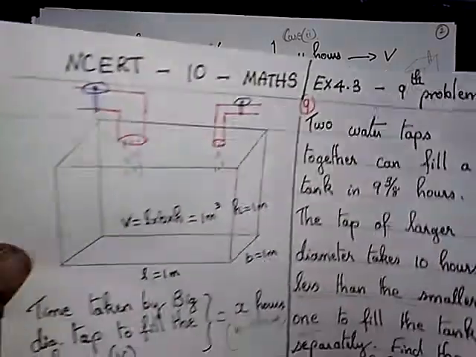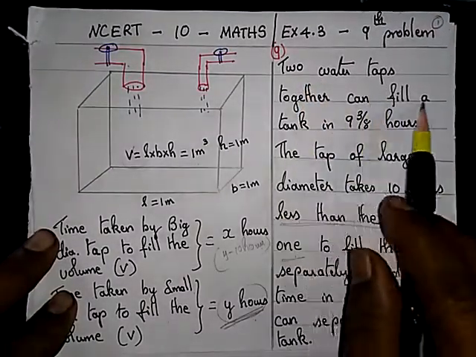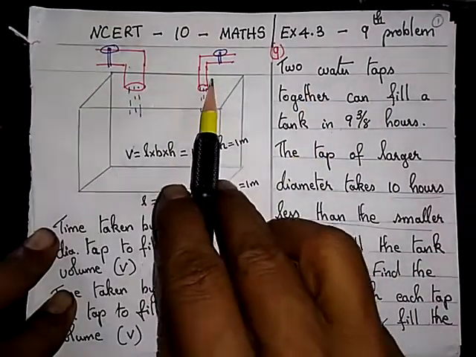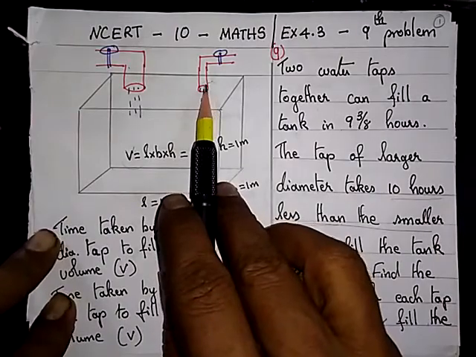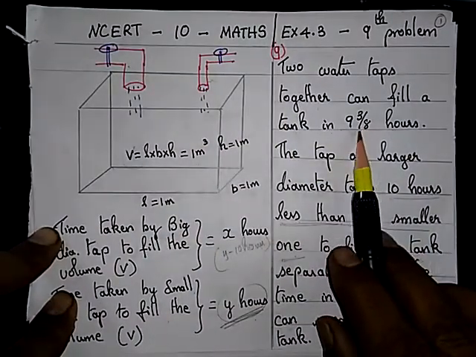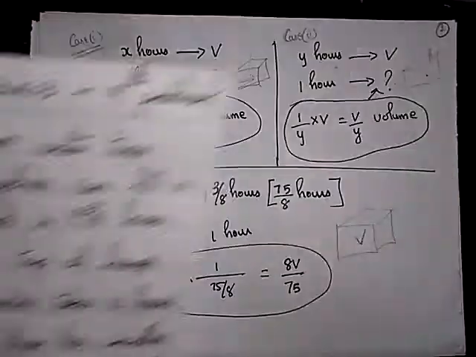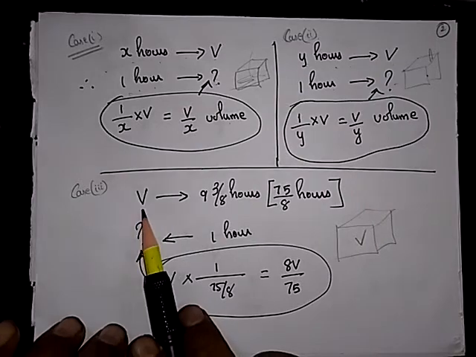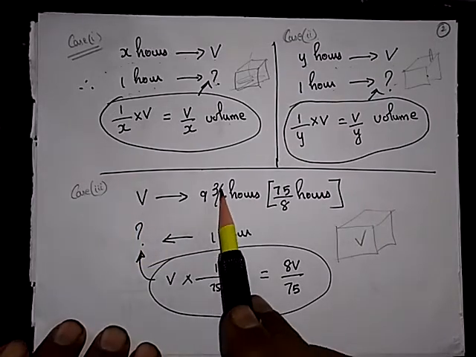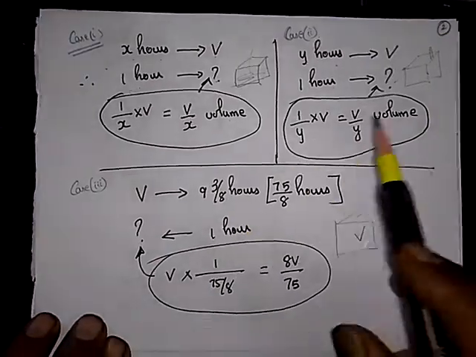That means two water taps together can fill a tank, so when both the water taps are operated together, it takes 9 3 by 8 hours. Equivalently, the volume is filled up in 75 by 8 hours when both the taps are open.